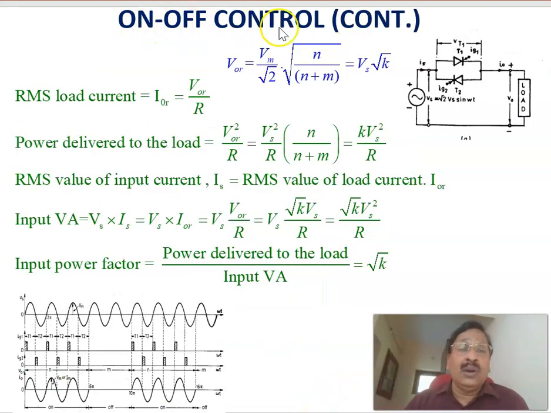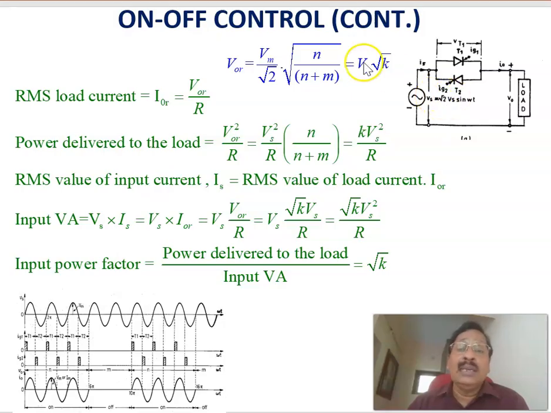Now, continuing the on-off control or integral cycle control, the RMS value of the output voltage, already derived, is given by Vs into root k. Vs is the RMS value of the input voltage, which is Vm divided by root 2.